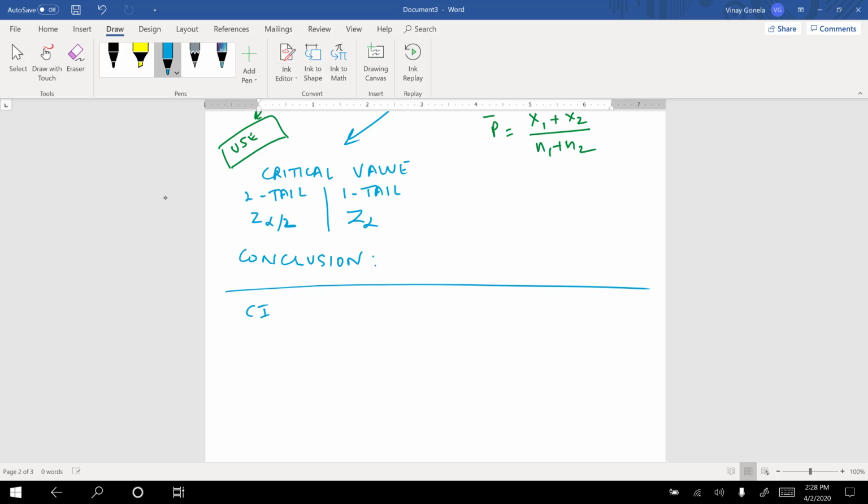Then I wanted to discuss here itself the confidence interval for comparison of two proportions, which is p1 minus p2.